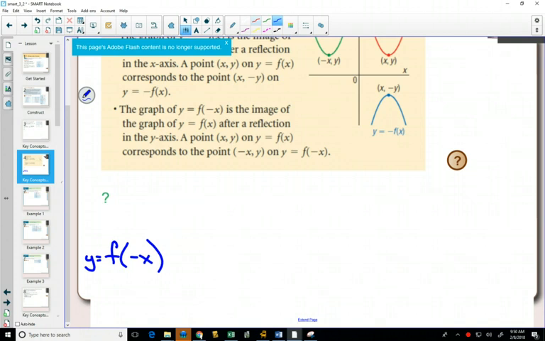So negatives have the power to flip things. Sometimes things are flipped over the x-axis. Sometimes things are flipped over the y-axis.